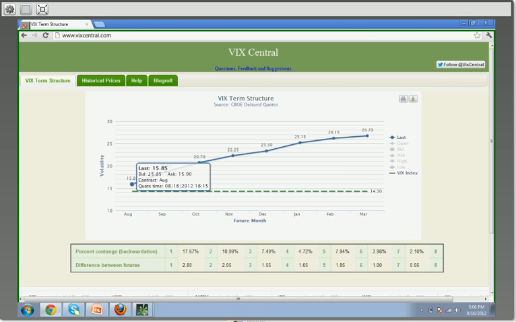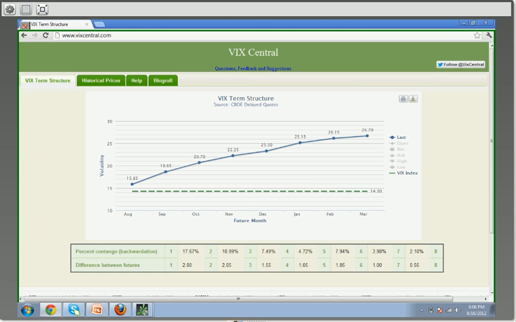Well, let's think about this. The VXX is a closed-end fund where it buys September futures, rides them all the way down to 1585, sells them, and then goes back and buys the October future. So there's this contango effect that is slowly depleting the VXX to nothing.